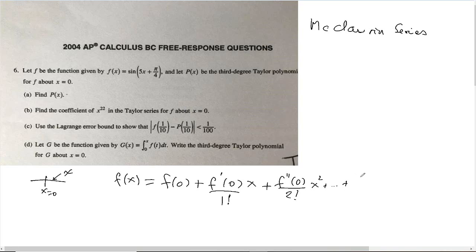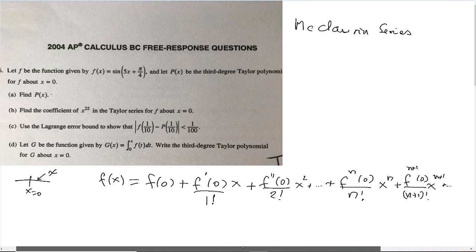And here you can say f to the n at 0 over n factorial times x to the n. And here f to the n plus 1 at 0 over n plus 1 factorial times x to the n plus 1, and it keeps going.